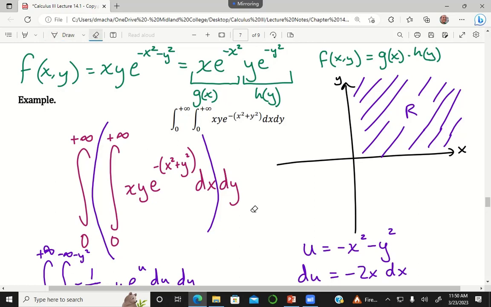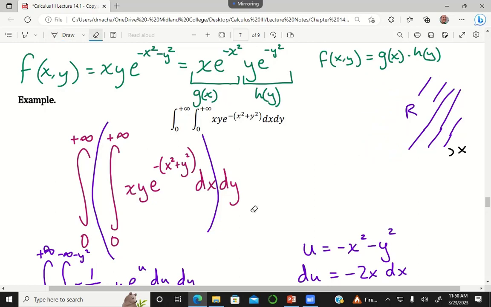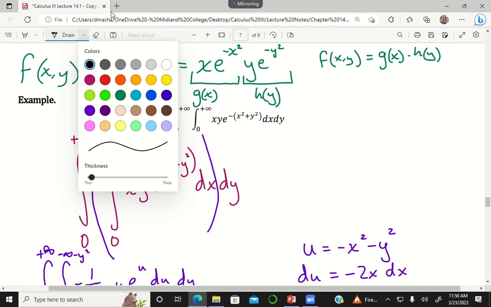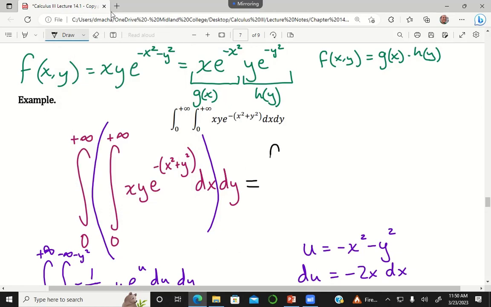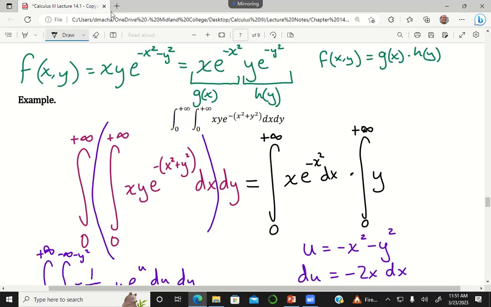And since that's true, a shortcut for this problem could have been this. I could have said this double integral is equal to the single integral of x e to the negative x squared dx times the integral from 0 to infinity of y e to the negative y squared dy.